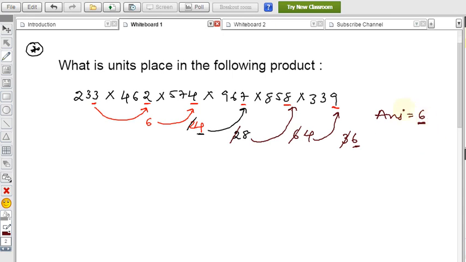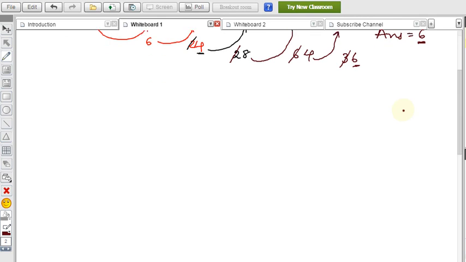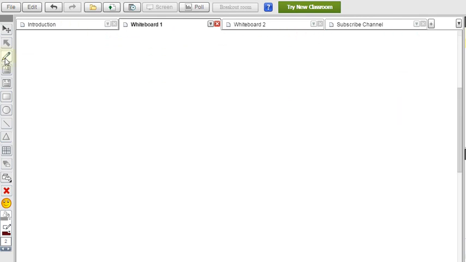Same, what is the units place in the following product? Now the product is 223, 446 and 758 into 954, 989.